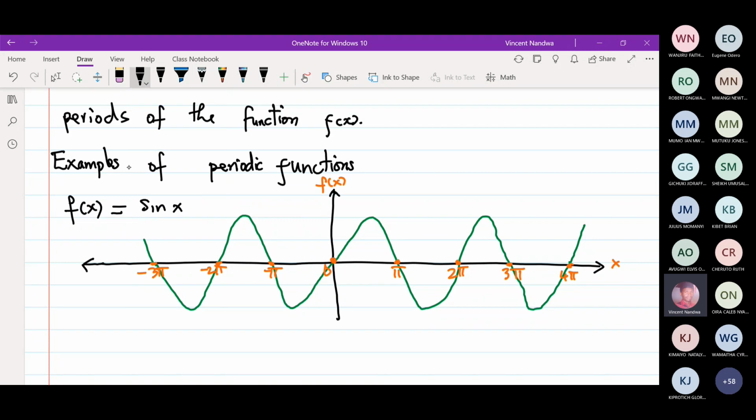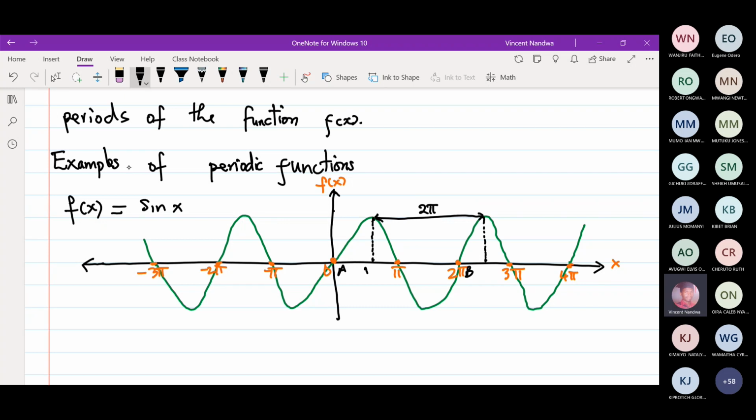So from, for instance, 0 to 2 pi, if I call this point A and this point B, this is a complete cycle. And then the graph repeats itself. So from this point, or even from this point here, from one crest to the next crest here, this is 2 pi.